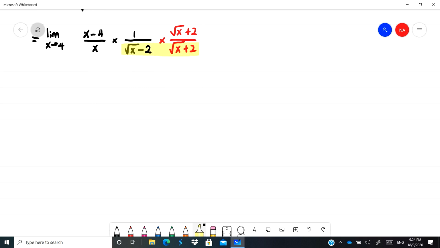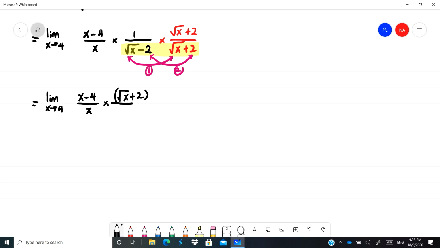Remember again, the same thing I'm going to do. This one is multiplied as the first part, and this one will be multiplied as the second part, and we have subtraction in the middle. The rest will be copied because we are not doing anything there. So x minus 4 over x multiplied with square root x plus 2, which you can put in bracket.